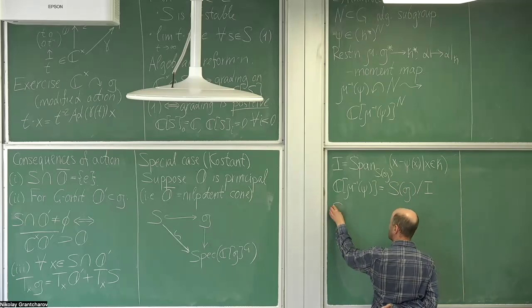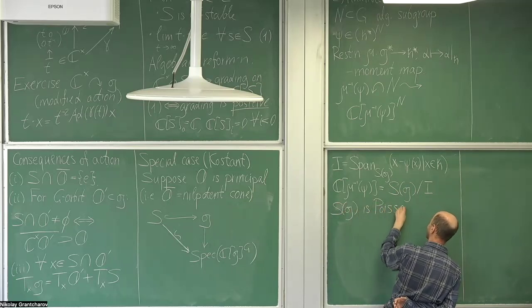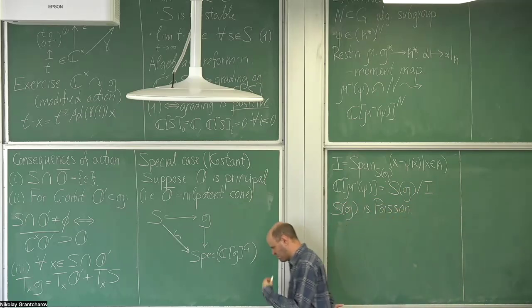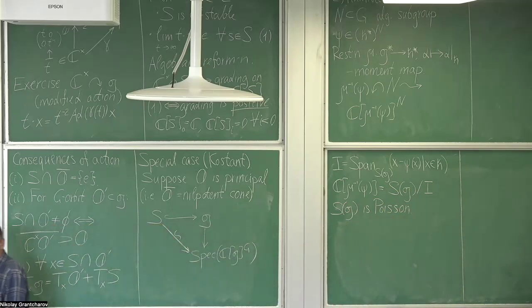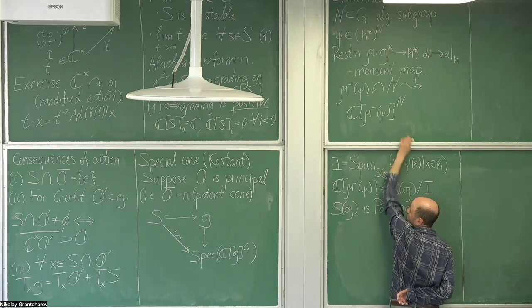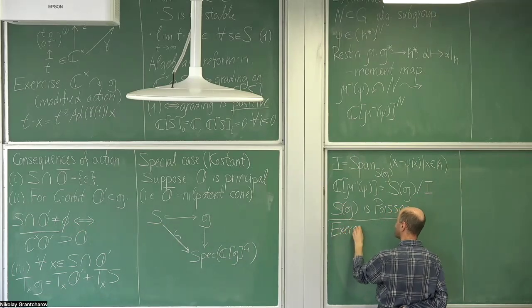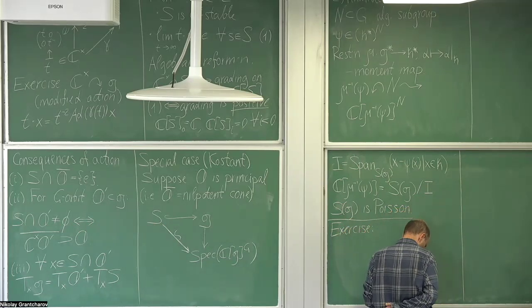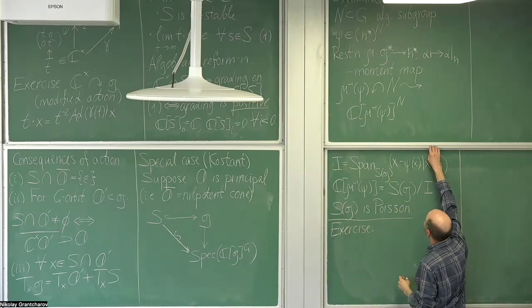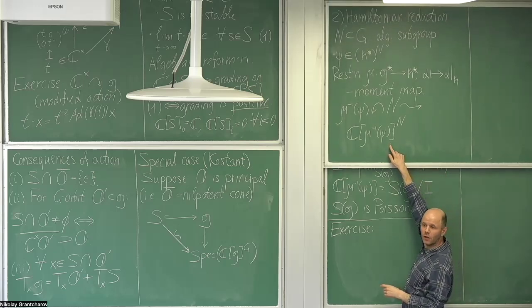And then notice that S of g is Poisson. There is a unique bracket which extends the Lie bracket on the Lie algebra g. And so with this, I can equip the algebra upstairs with a Poisson bracket. It's another exercise. So what do elements in here look like? They look like cosets, A plus I and B plus I, which are required to be N invariant.